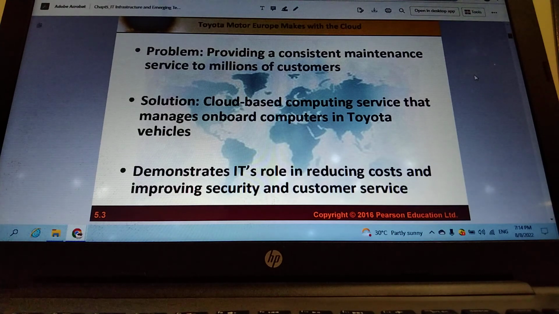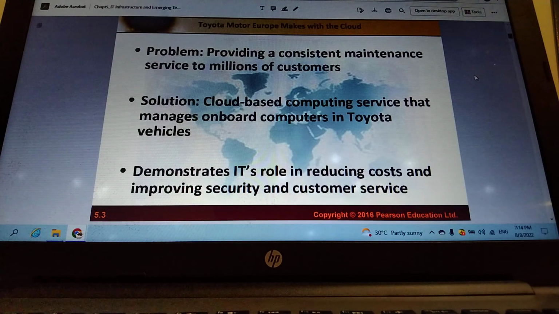So the problem is providing a consistent maintenance service to millions of customers by Toyota Motor Europe. Where I believe they want to make use of cloud computing as their IT infrastructure.